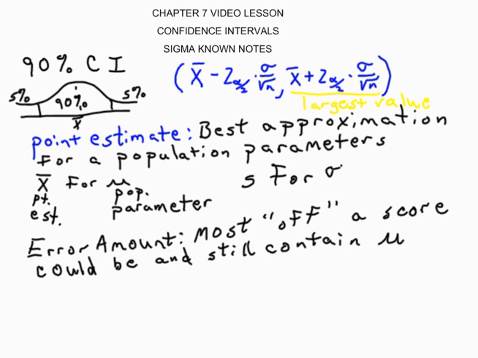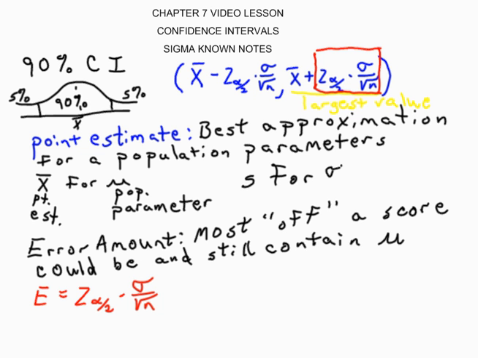The error amount then is how far away from the sample mean you could be and still have that value in there. So we use the formula E equals what we add on and subtract off: z alpha over 2 times sigma over the square root of n. That's our error amount formula.